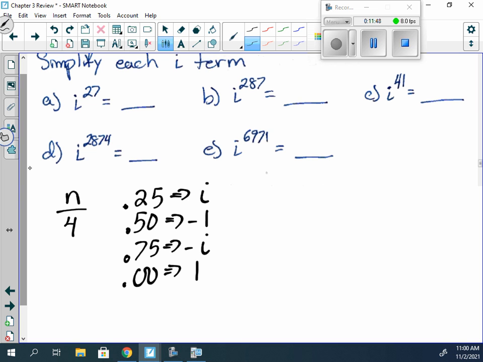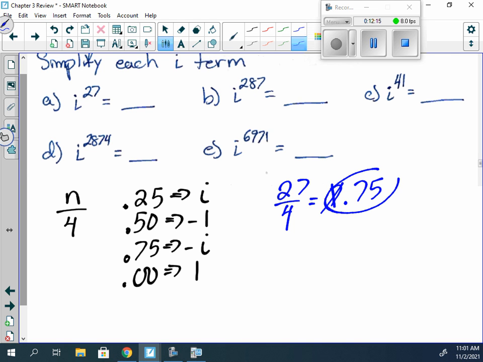Which one of these do we want to look at? So A, we can take 27 divided by 4. And 27 divided by 4 is 6.75.